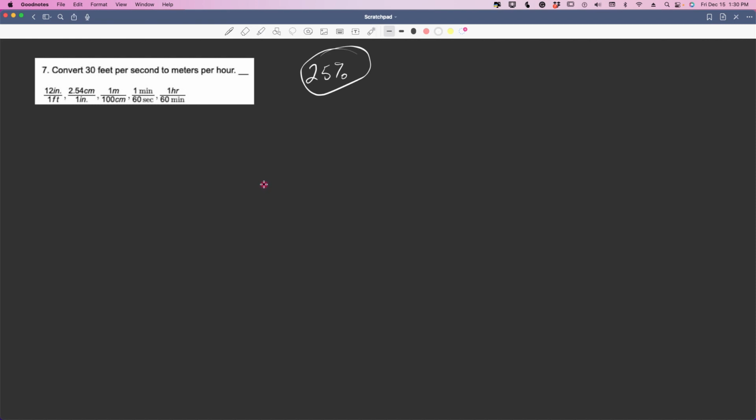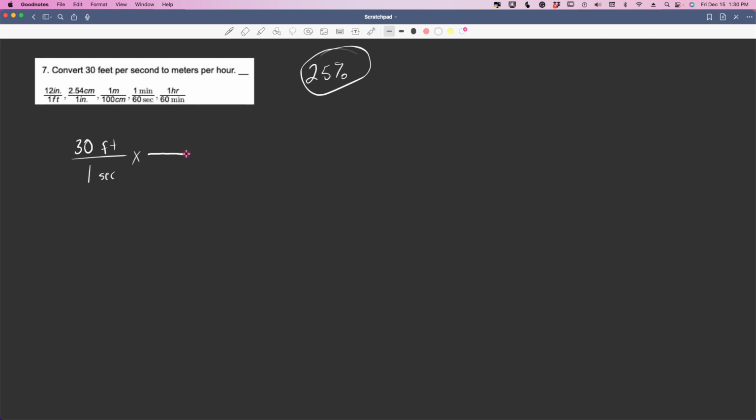So let's convert 30 feet per second to meters per hour. So 30, and then we've got feet per 1 second. Let's get rid of the unit of measure first, the length. We're going to convert from feet to meters first.